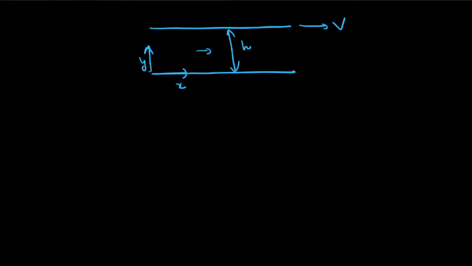Now we need to consider that your density is not changing with time and space, so that means your continuity equation, del rho by del t plus del dot rho v, which we have solved in the previous video, now reduces to this becoming 0 because this is not changing, and because rho is constant, rho can come out of the gradient, so this becomes del dot v is equal to 0.